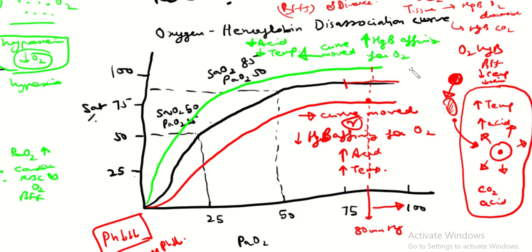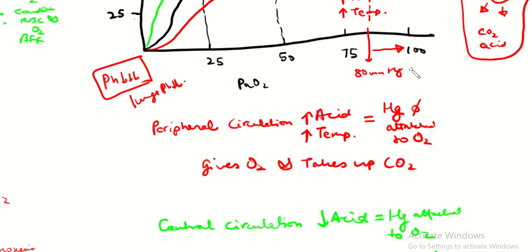So in other words, let's say I have a disease and that disease makes me really sick and causes me to become acidemic, overall very low pH. Well, the pH is going to be lower in your peripheral tissues, but now it's going to be lower in your central tissues as well, which is your lungs.